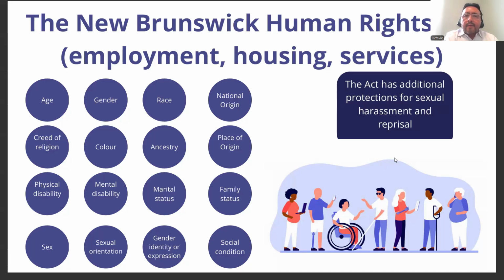So that means that if someone is denied a service, let's say, for example, to rent a house, based on any of these grounds, I can file a complaint to the New Brunswick Human Rights Commission, which, as I mentioned, is a provincial administrative tribunal. In addition to the 16 grounds, the Act also includes protection for sexual harassment and reprisal.